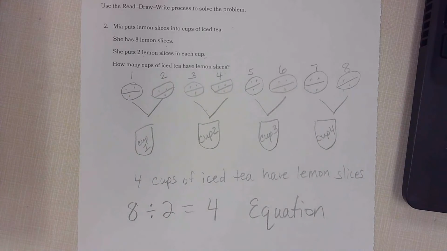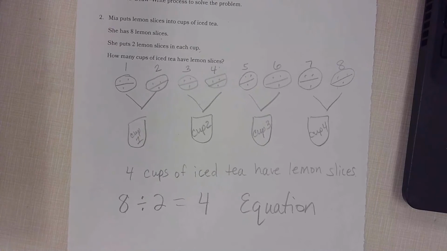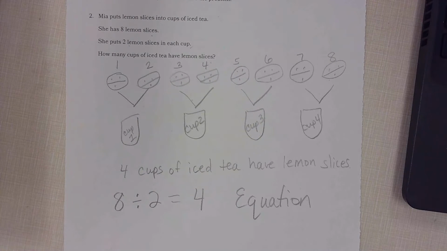So 8 divided by 2 is equal to 4. If you know that 2 times 4 equals 8, and you know that 4 times 2 equals 8, then you automatically should know and understand that 8 divided by 2 is equal to 4, and 8 divided by 4 is equal to 2.